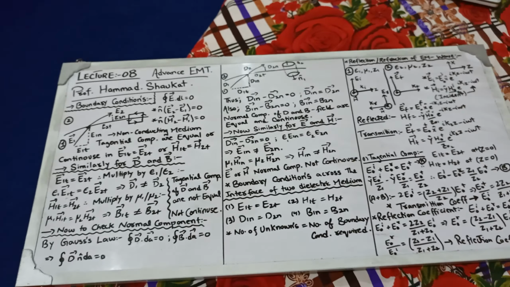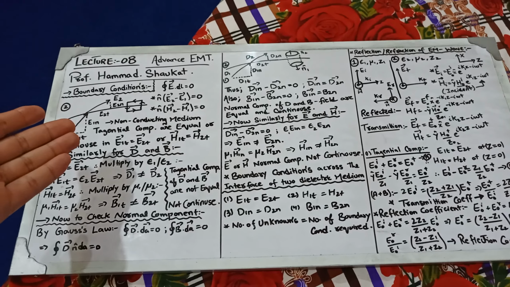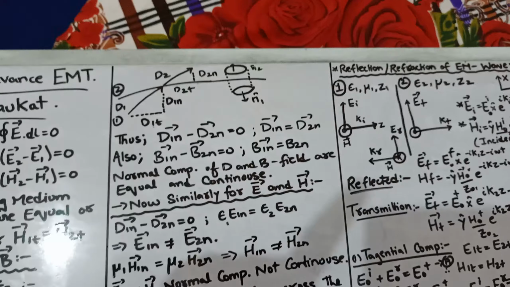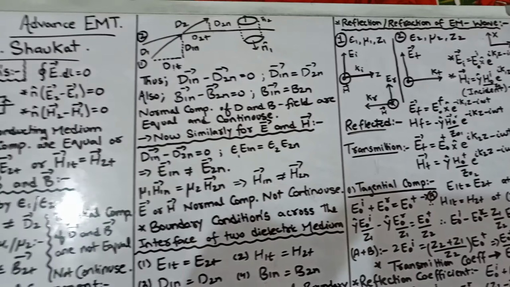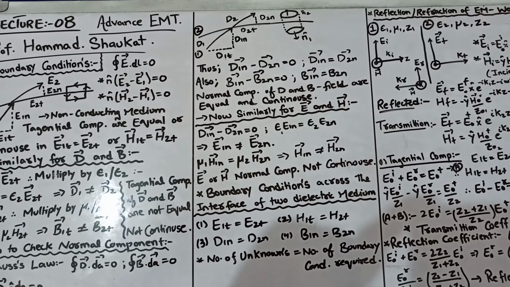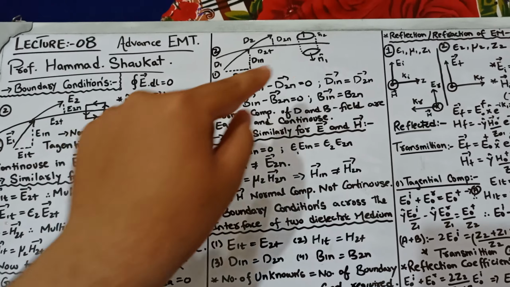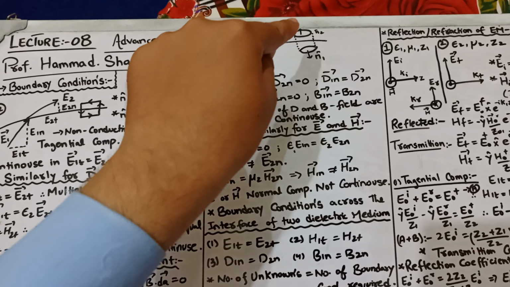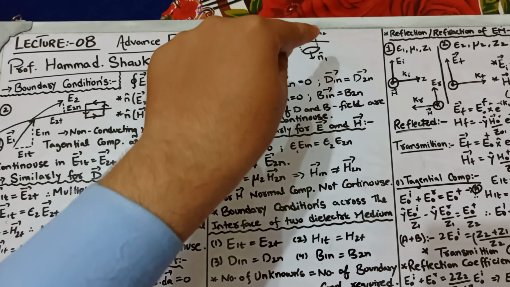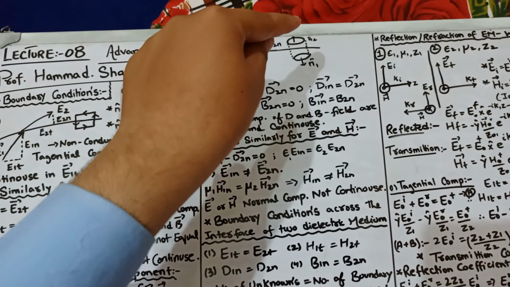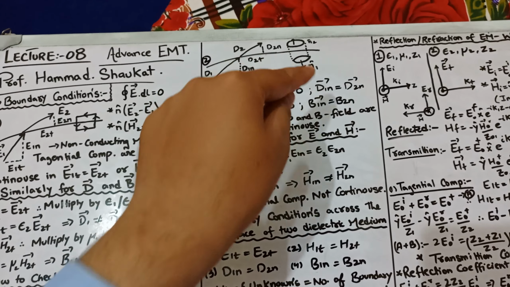Now you have to draw the same figure as you drew before. Let's draw for the case of the electric field again, but because we are checking the normal component, instead of this sphere we have to use a surface, and that surface has a perpendicular in medium 2 that is n2 cap and in medium 1 that is n1 cap.